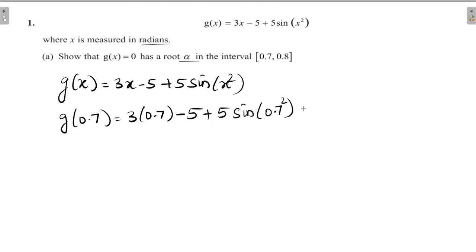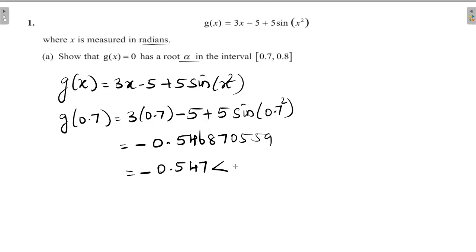By using the calculator, this value is −0.546870559. To three significant figures, this value is −0.547. It is less than 0.